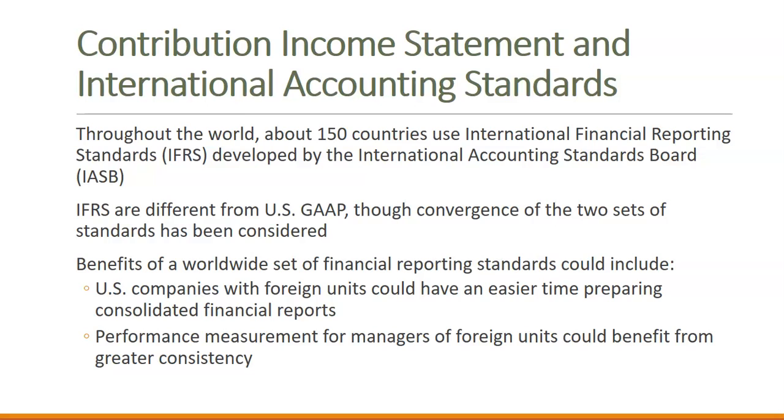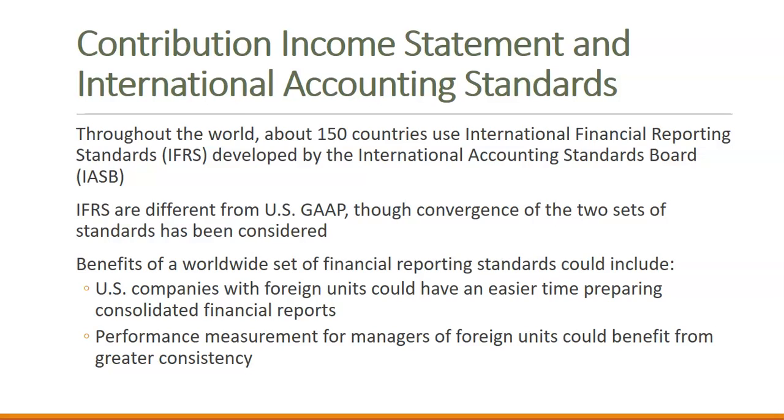There are multiple benefits to the US converging with IFRS. One is that US companies that operate in multiple countries wouldn't have to prepare the consolidated financial reports under two different standards. We could also have consistent measurement issues.